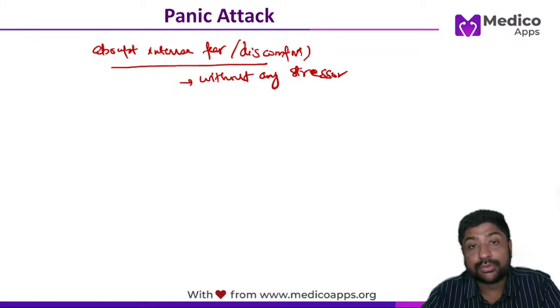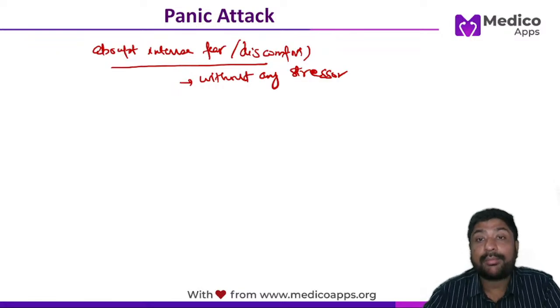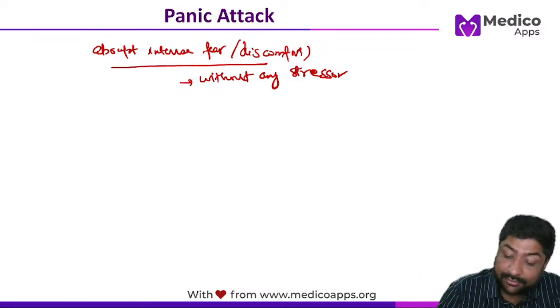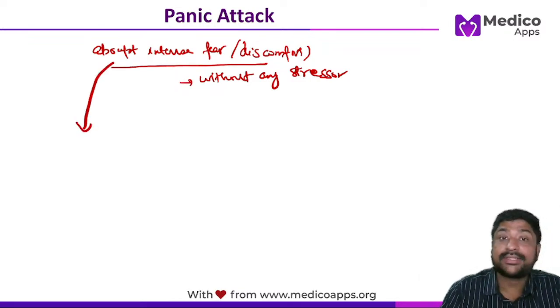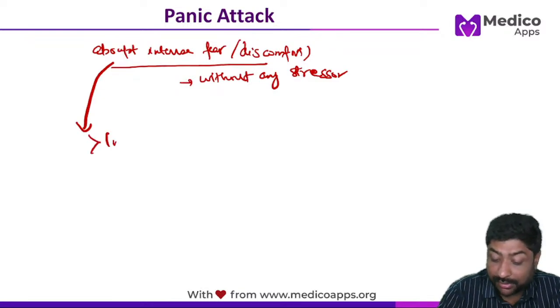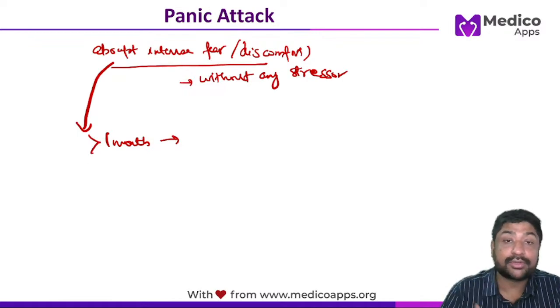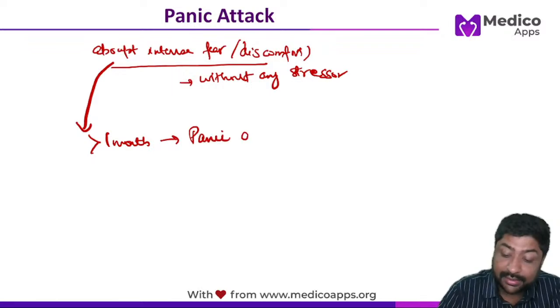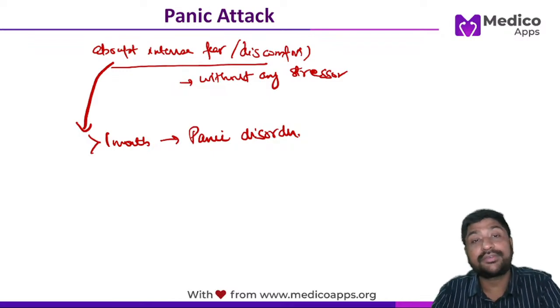We have told you about a specific phobia or social phobia, where there is a specific cause. When these symptoms are present for more than 1 month, and this is the first episode the patient is presenting, if the symptoms of recurrent panic attacks are present, then we call it a panic disorder. Is everybody clear in this definition?